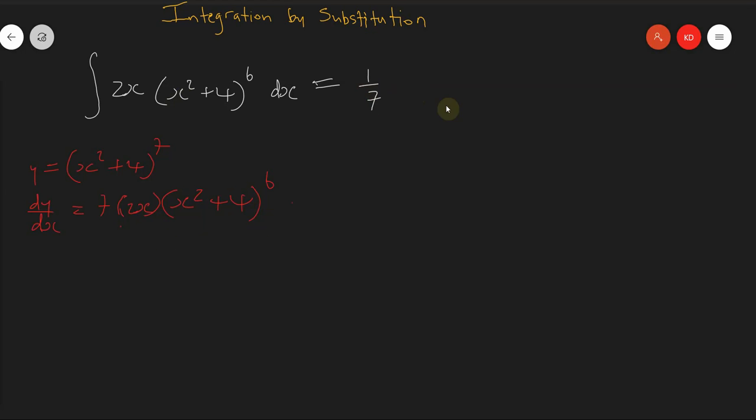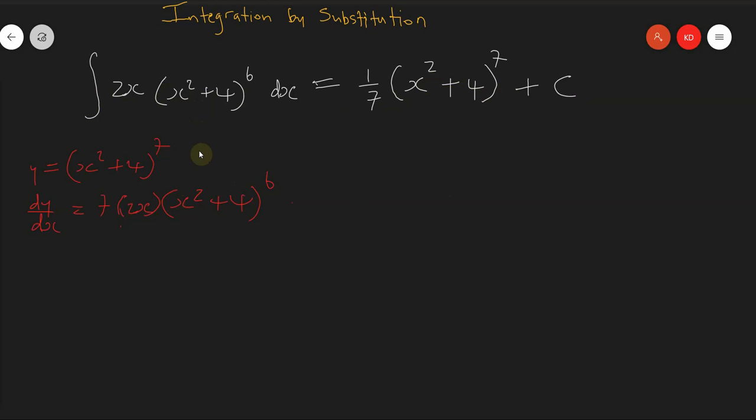It is 1 over 7 times (x squared plus 4) raised to the 7th power, and of course you would have your plus c, because if we differentiate this and get that, then obviously this is the integral of this integrand here, right?